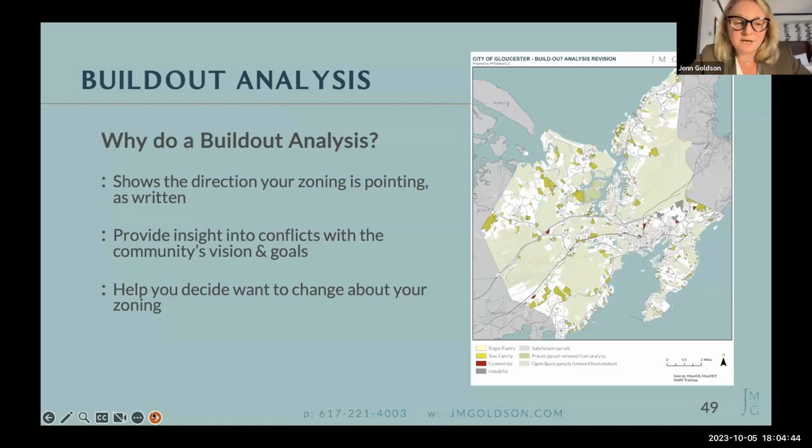And it just helps you decide, well, what do we want to change about zoning? If we think it's pointing us in a good direction, then maybe we don't want to change too much. If we think it's pointing in a direction that really conflicts with the community's goals, then maybe you do want to think about changing zoning as part of this planning process. That's what we're hoping to help you determine. And that's why you do a build-out analysis.